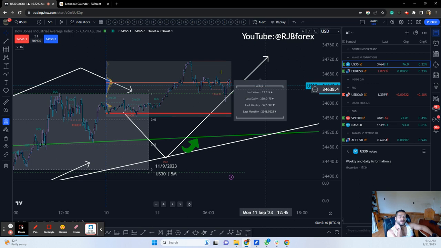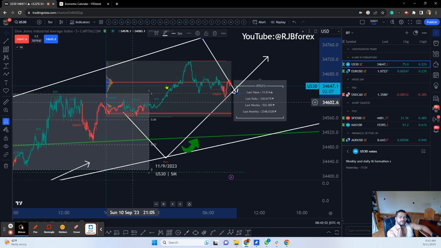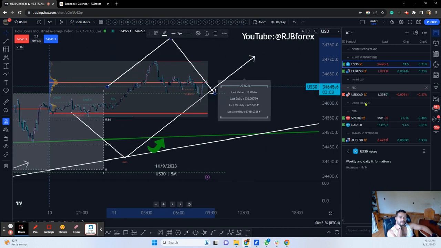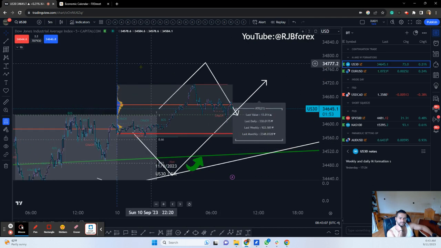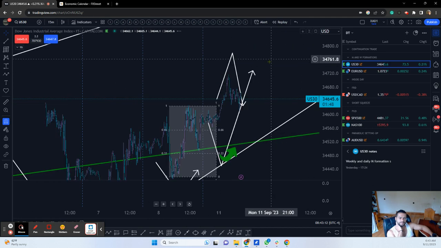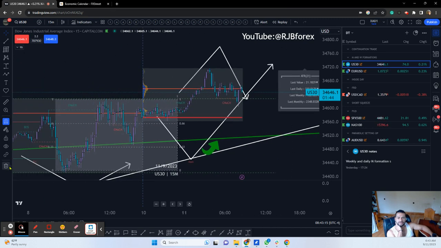So the Dow, we've had peak formation up high over here. Breaking down structure. We've moved back up on the inside of that. Let's put this to a 15-minute chart so we read it more easily. I'm going to get rid of all my markings.